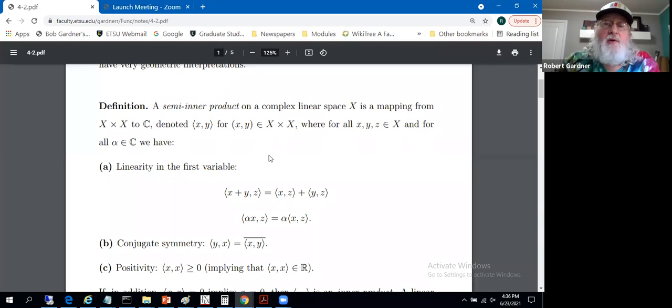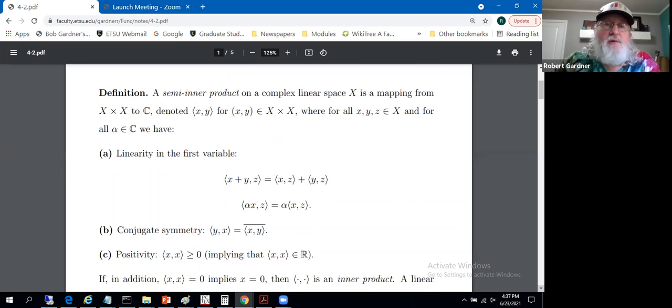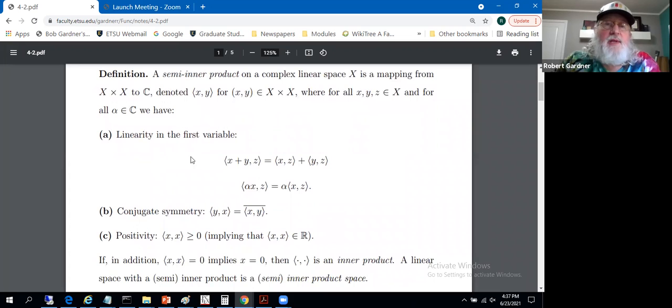And we require for any pair of vectors X and Y, and any vectors in general X, Y, and Z, and for alpha a scalar, that the inner product satisfy the following conditions. It's linear in the first variable.